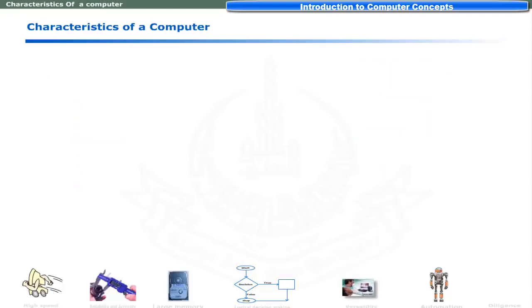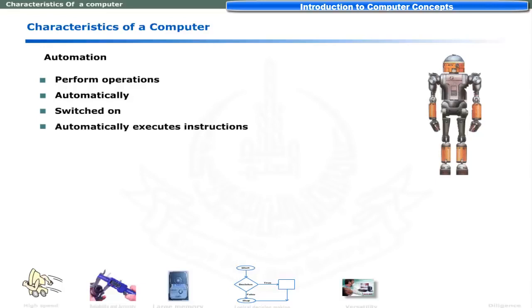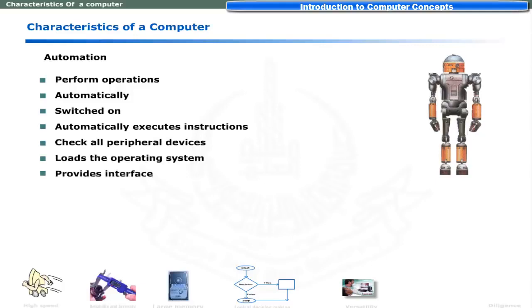Another remarkable feature of computers is their ability to perform operations automatically. When the computer is switched on, it automatically executes instructions to check all peripheral devices, loads the operating system, and provides an interface to the user without human interaction.